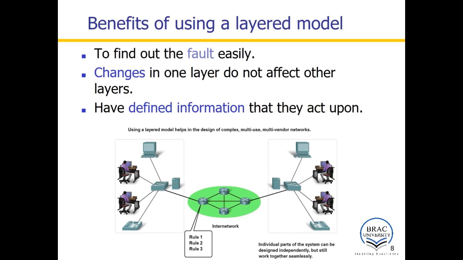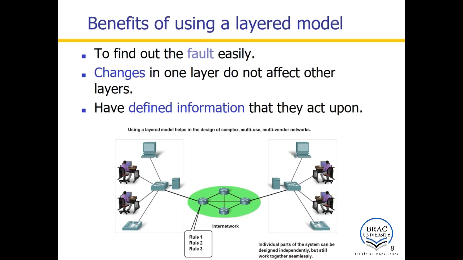The problem was in the rules layer, right? So this is one of the benefits of a layering model. Another benefit is that we can change any layer without affecting another. So in our rules layer, if we change the language from Chinese to English, then the friend will communicate easily and the message need not be affected, right? So this is another benefit of layering model.